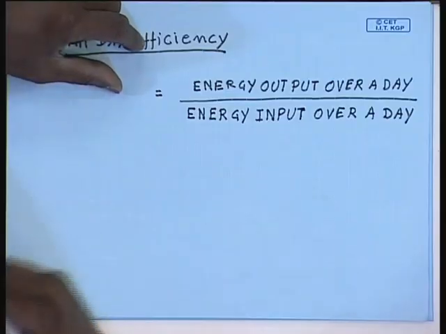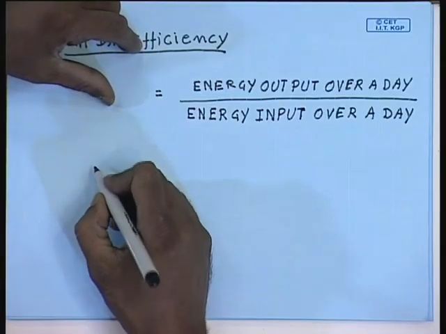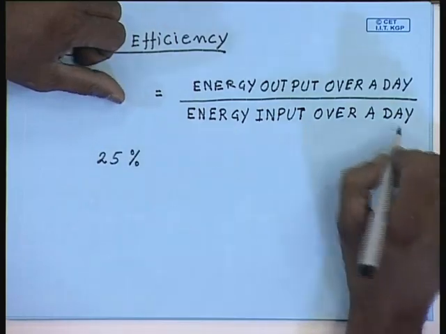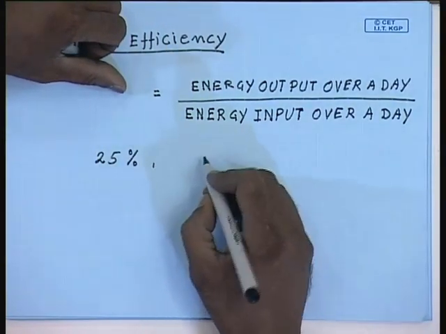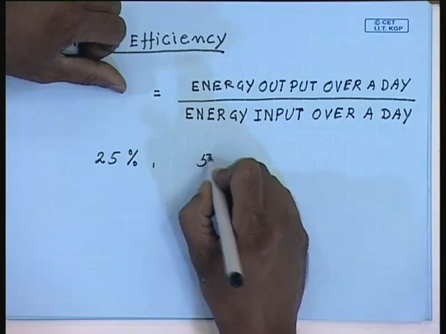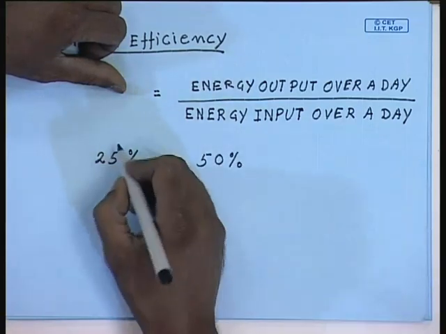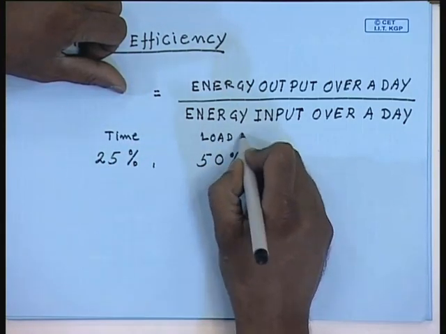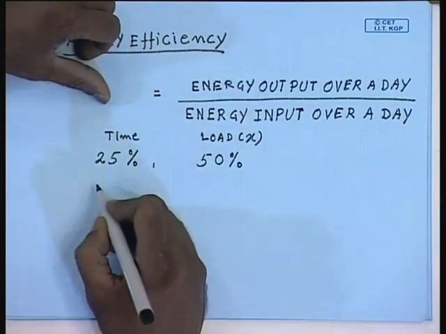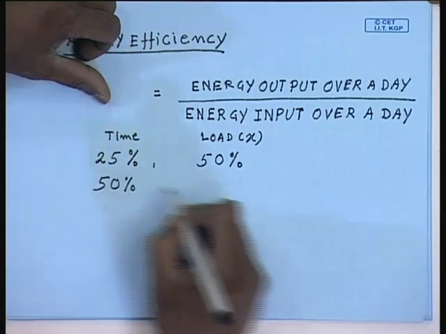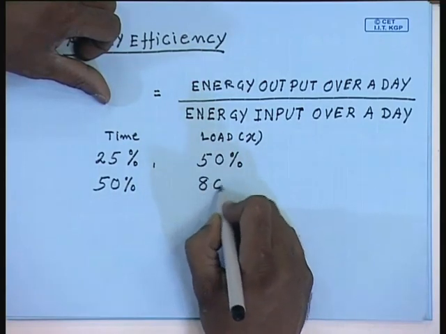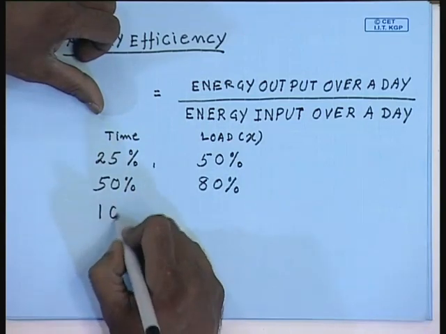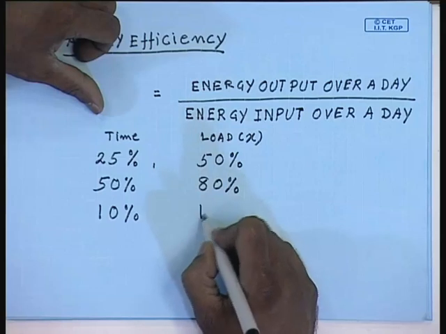Let us say a transformer is loaded 25% of the time at, let us say, 50% of the load, then 50% of the time loaded at 80%, and let us say 10% of the time it is loaded at 100%.